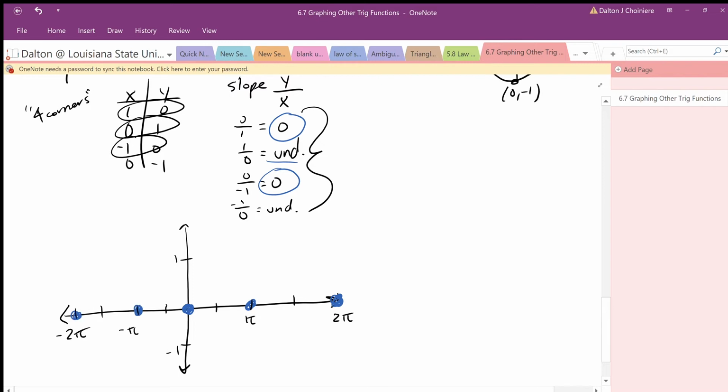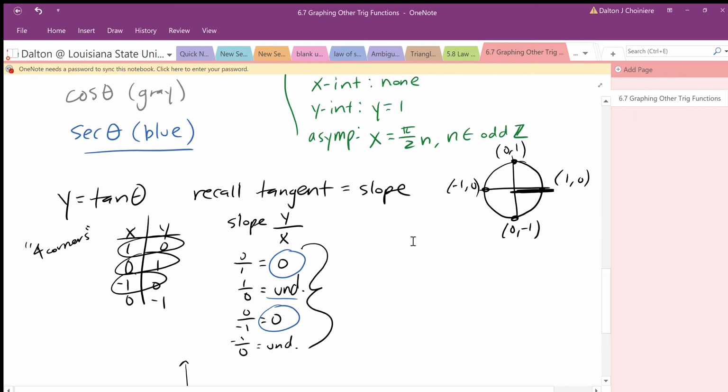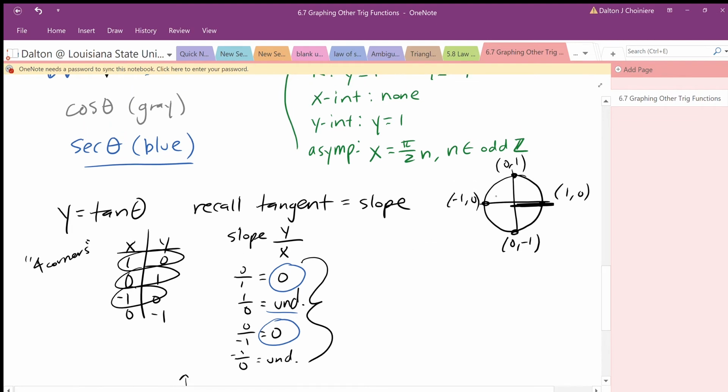Because if you look at your unit circle, what is the slope of the line that has y values of 0, when you divide 0 divided by 1, or whatever? This blue line has a slope of 0. On the other hand, the vertical line has an undefined slope, which is why at these coordinate points, we're going to end up having asymptotes.